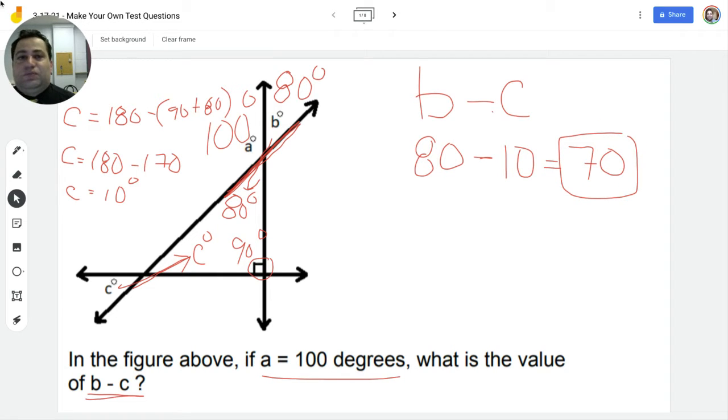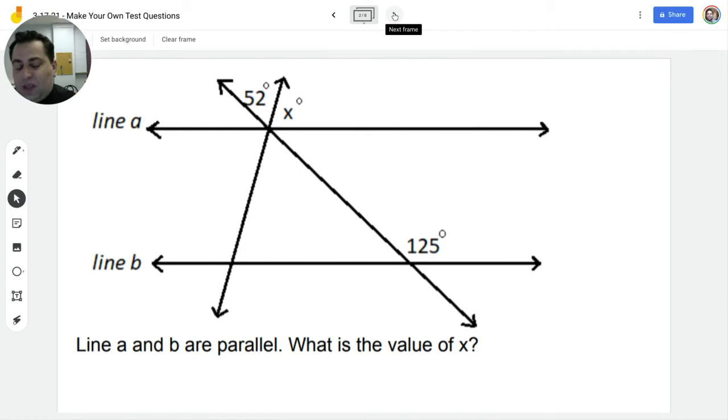Let's take a look at number 2. In number 2, we have lines A and B are parallel. What is the value of X? So first things first, let's mark off our two parallel lines with our parallel designation. The other thing I know about parallel lines is that when they're cut by a transversal, it makes two exact copies, sets of angles.